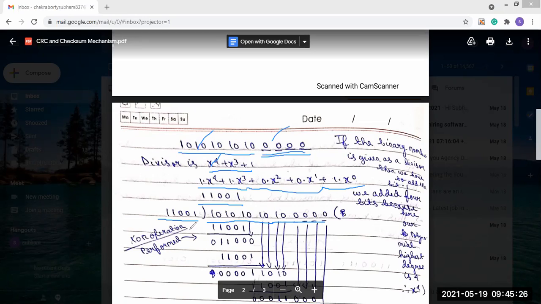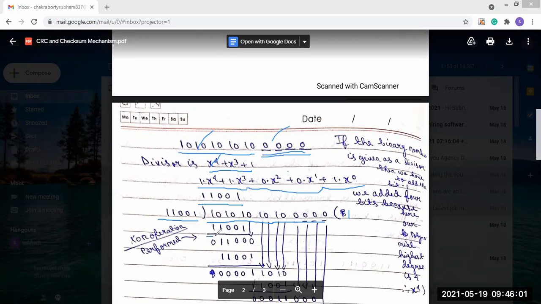Always remember that the initialized bits are 0s, and the divisor 11001 is aligned with the leading 1, because we don't consider those other values. We have to first XOR with this value. So if we multiply 11001 by 1, then what will we do?